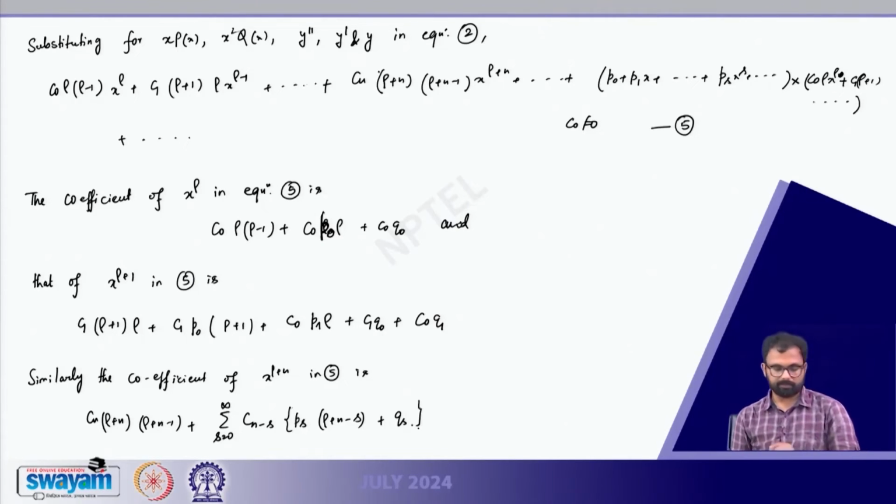So, these are the required coefficients where C0 is non-zero. As you can see how lengthy it is getting, and we are not done yet, we are just halfway.